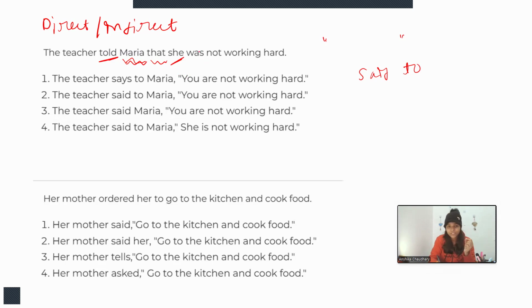Then was not working hard will become are not working hard, because this is the rule that past progressive or past continuous will be converted to present continuous, right? So this will become: the teacher said to Maria, inverted commas, you are not working hard. So option number 2 will become the correct answer here.